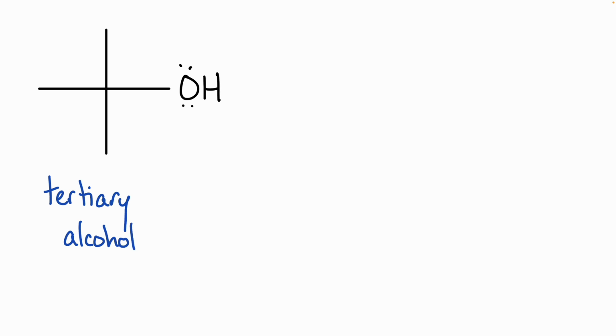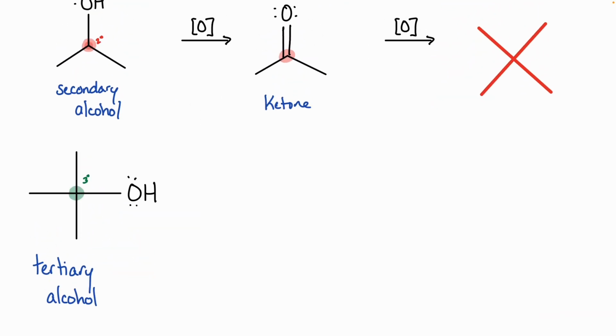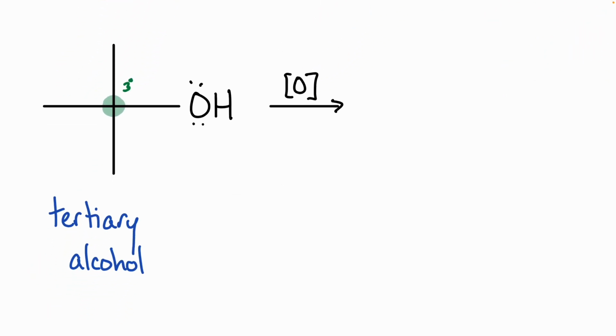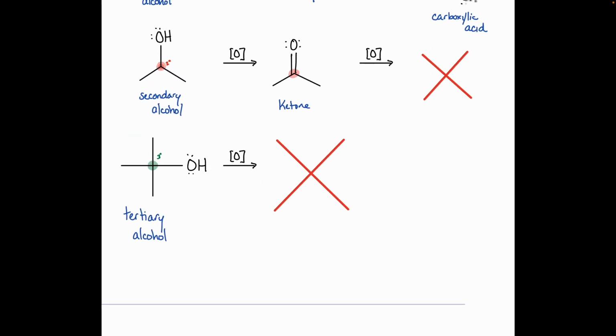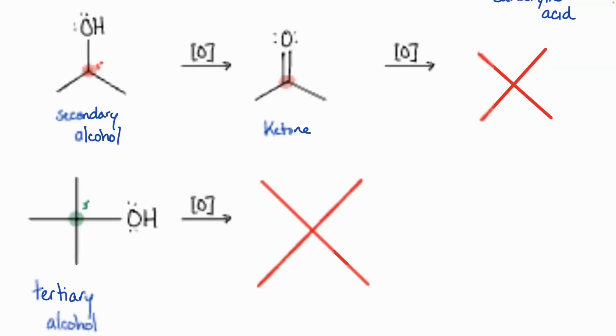We call it a tertiary alcohol because that hydroxyl group is bound to a tertiary carbon. All right, how many hydrogens are there on that tertiary carbon? 0. So we have nothing that we can replace with a carbon-oxygen bond, so tertiary alcohols cannot be oxidized.